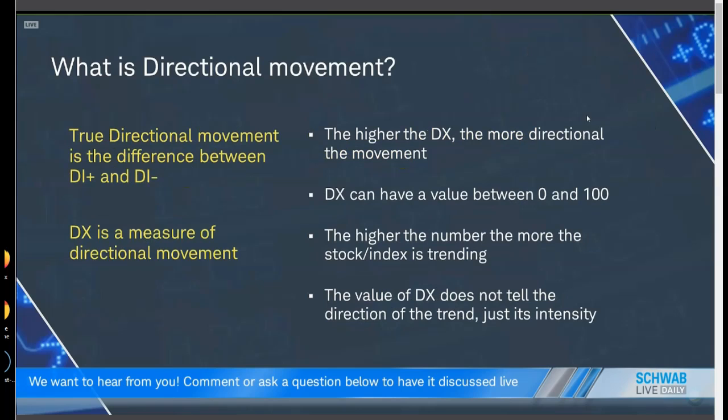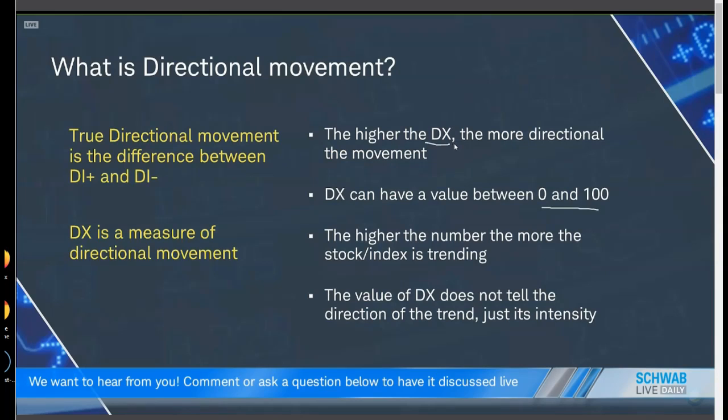All right, so true directional movement then is the difference between the positive directional movement increments and the negative directional movement increments. DX is a measure of that net directional movement. Now, Mr. Wilder scaled DX so it has a value between 0 and 100. The higher the DX, the more directional the movement.